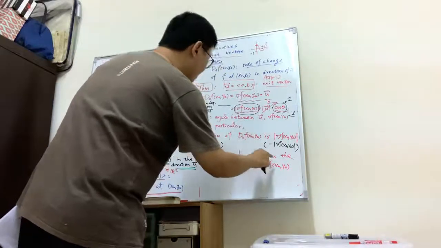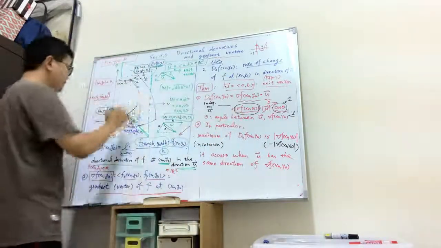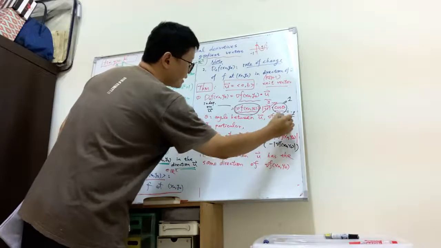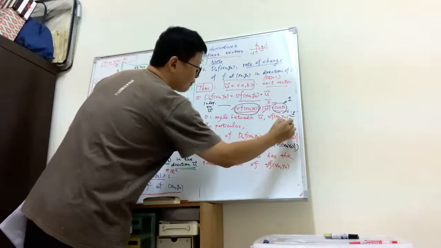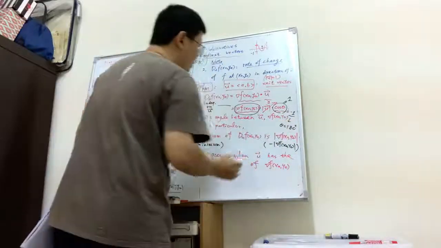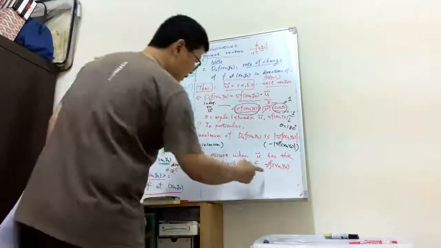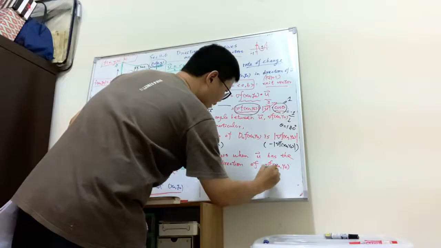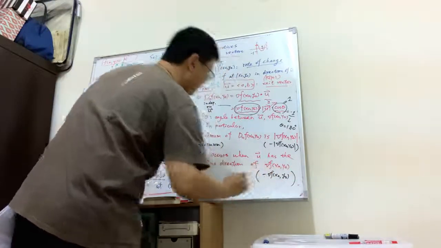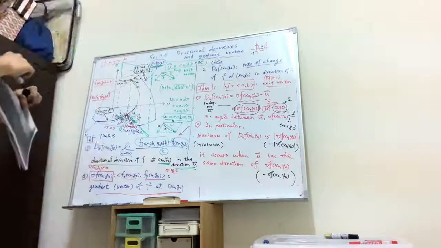Here is our gradient, and pi means 180 degrees. So it becomes the negative gradient f(x0, y0), the converse direction. Okay.